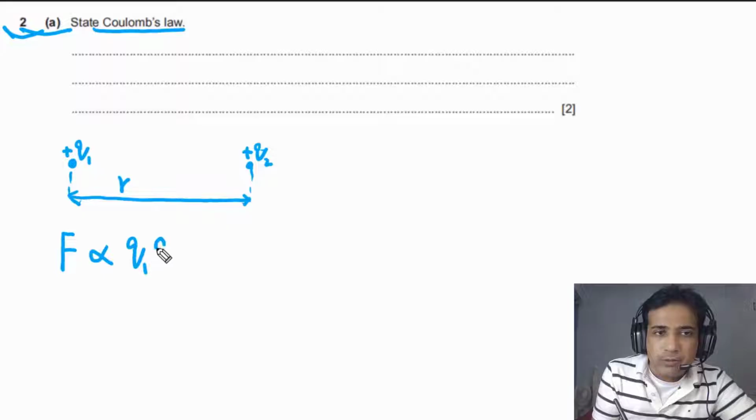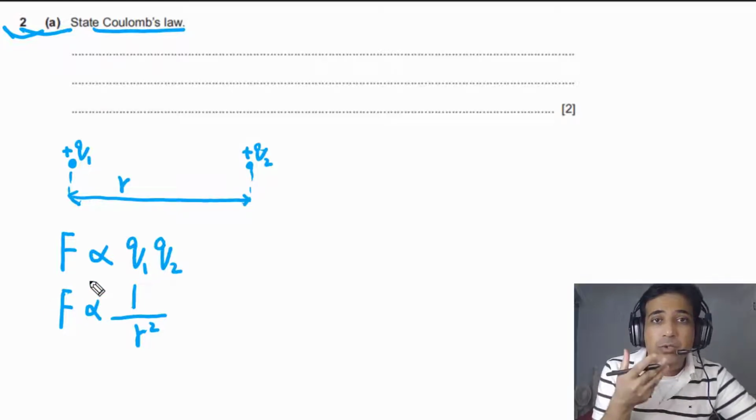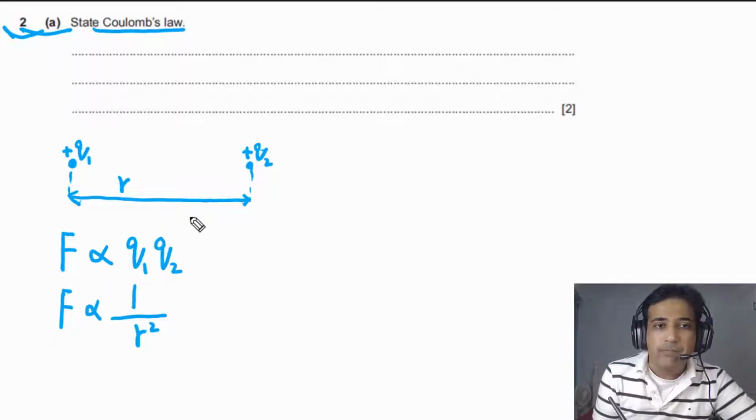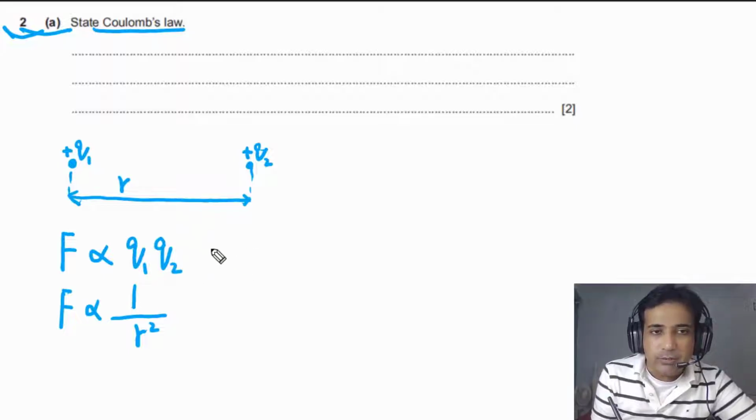That force is directly proportional to the product of these two charges, and this force is inversely proportional to the square of the separation between them, meaning inversely proportional to the square of the distance between the centers of these charges. This is what Coulomb's law tells us. We can also write this down in equation form.